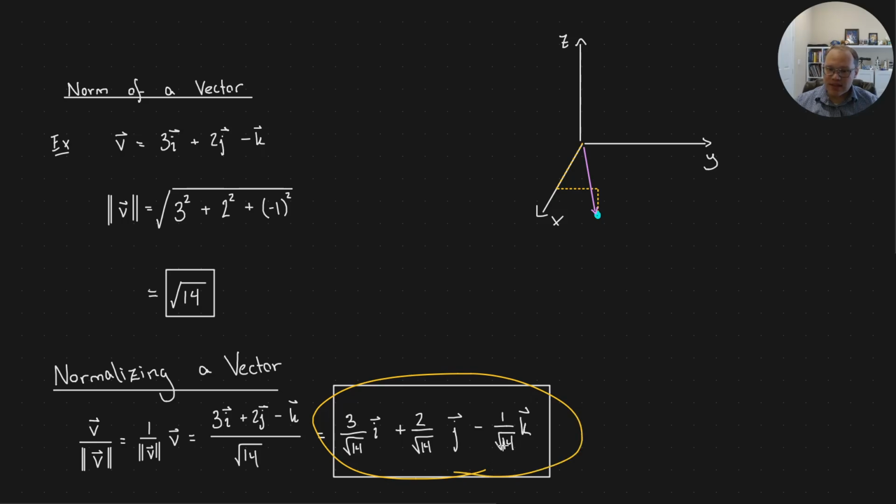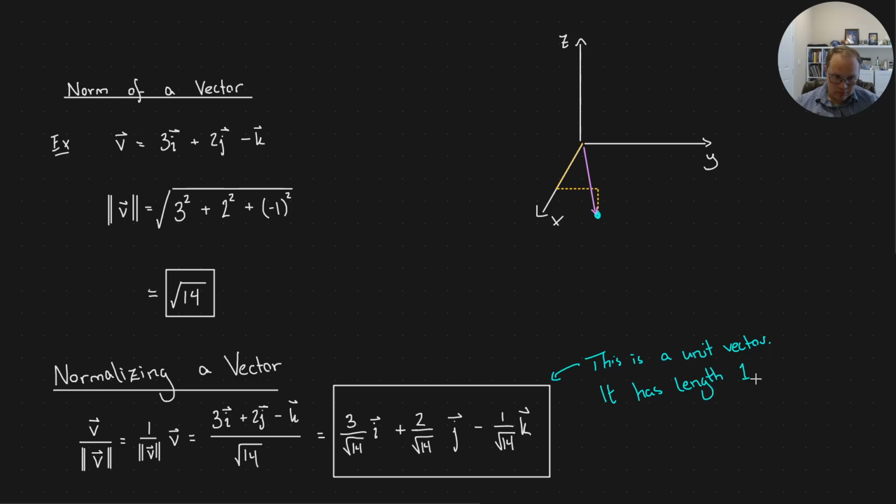This vector points the same direction as the original vector v, pointing in exactly the same direction, but now it's a unit vector, meaning it has length 1. The magnitude of this vector is 1. A unit length.